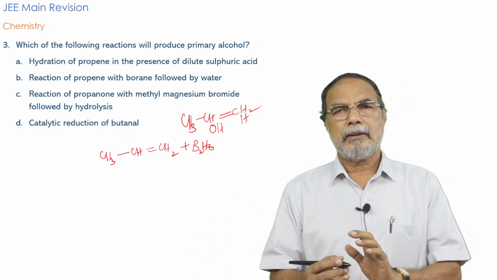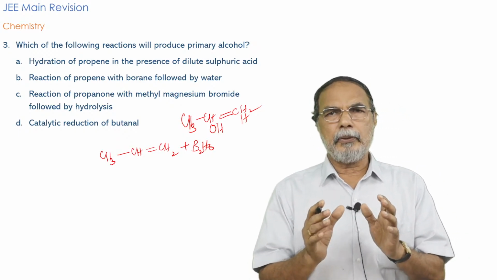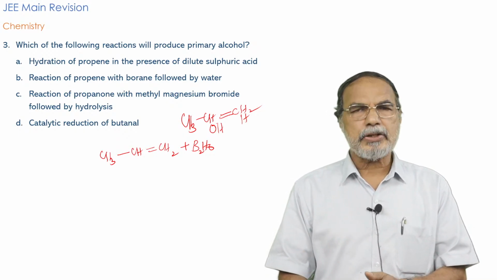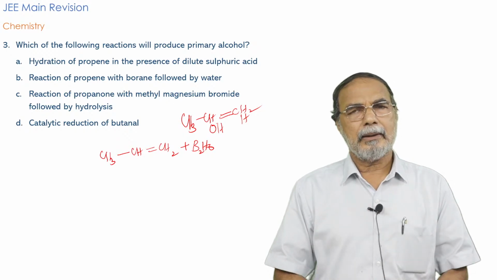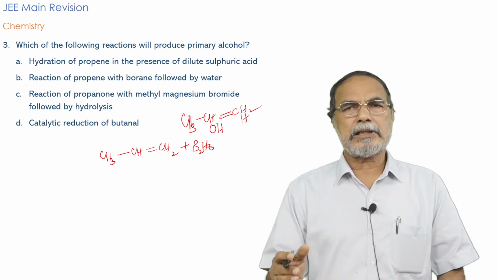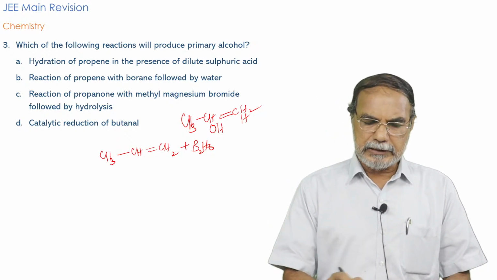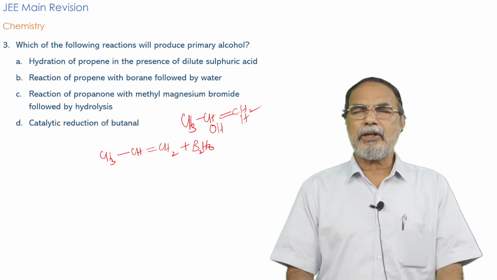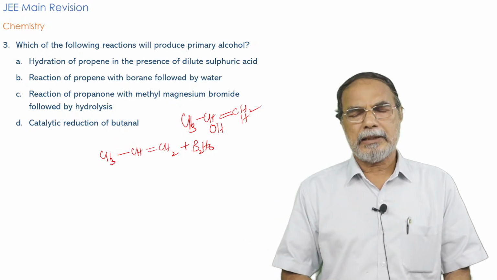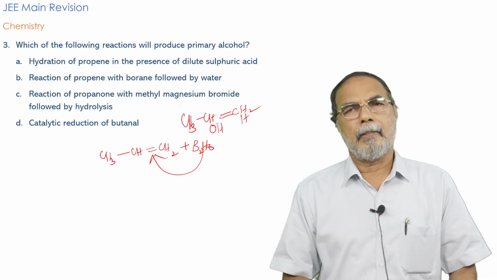That means the alcohol is obtained as a product only when we do the two reactions, namely hydroboration, that is the reaction with diborane, and the second part of the reaction is oxidation, which requires alkaline hydrogen peroxide. But here that is not given. Here what is given is reaction of propene with borane followed by water. Of course, water cannot oxidize that compound obtained by the addition of borane to this double bond.